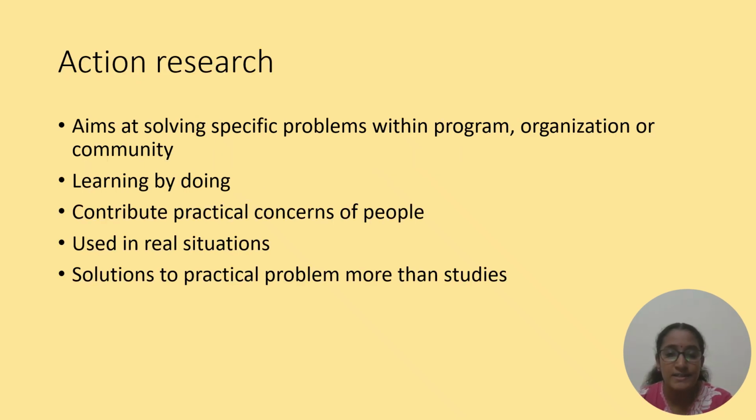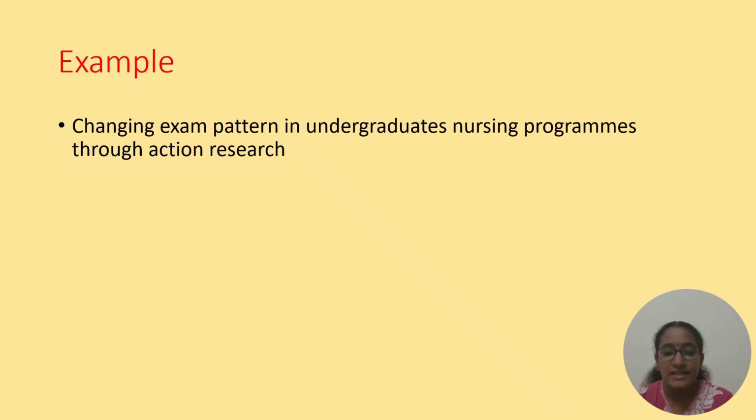Next is action research. It aims to solve specific problems with a program, organization, or a community. Learning by doing. Action means you are doing something, contributing to the practical concerns of people. It is usually used in real situations, for solutions to particular problems more than studies. For example, changing the exam pattern in undergraduate nursing programs through action research.